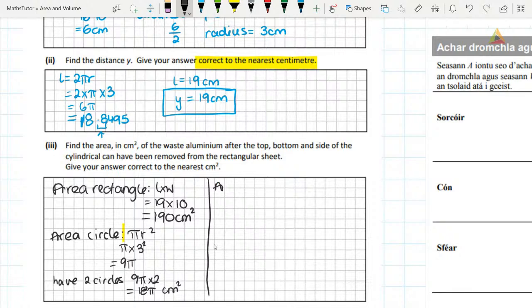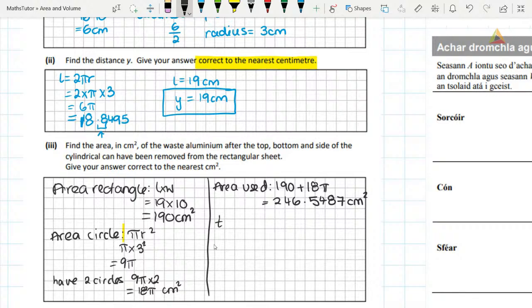So the area that's used to make the can is the rectangle plus the circles. And when I add those together, I am going to get an answer of 246.5487 centimeters squared.